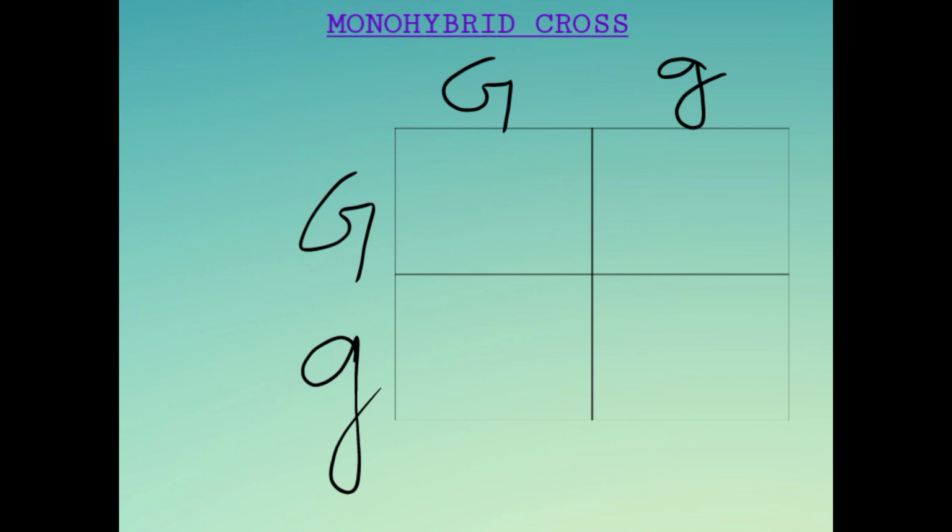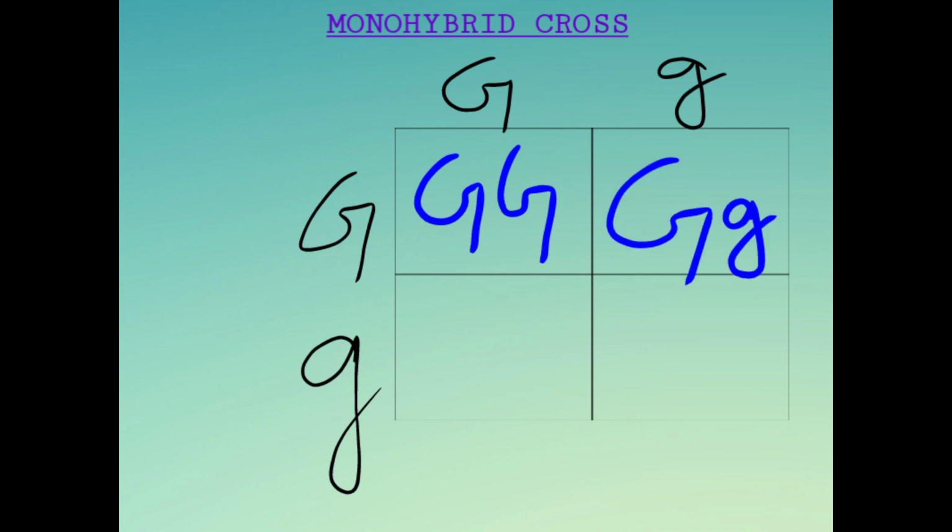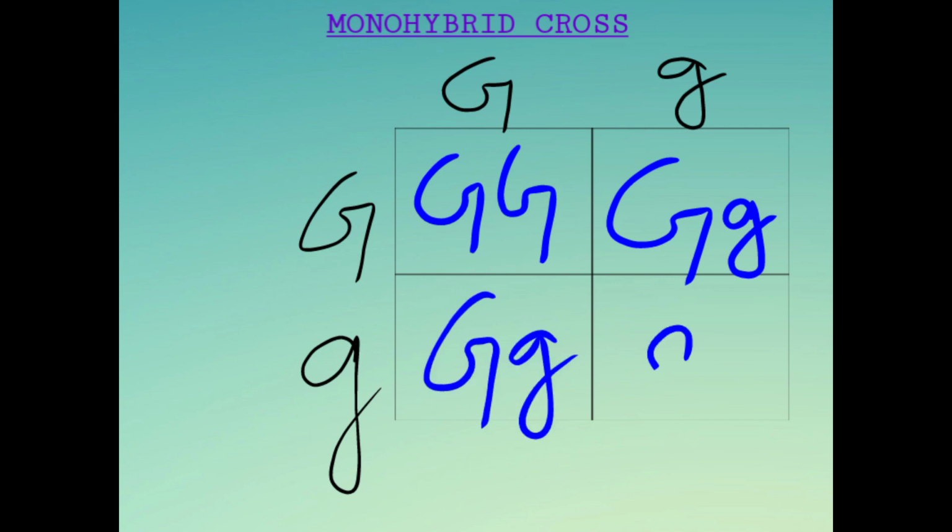So for this first box, we will be getting capital G. For the second box we will be getting capital G small g. For the third box again capital G small g. For the fourth box we will get both small g. We have got this one.